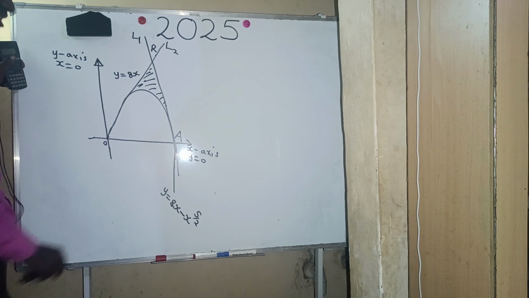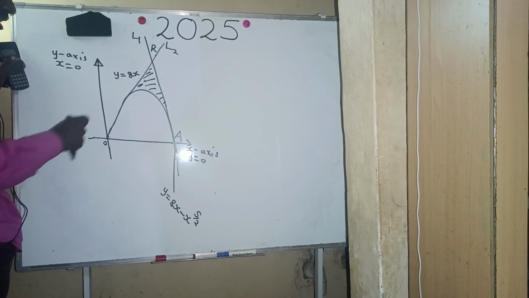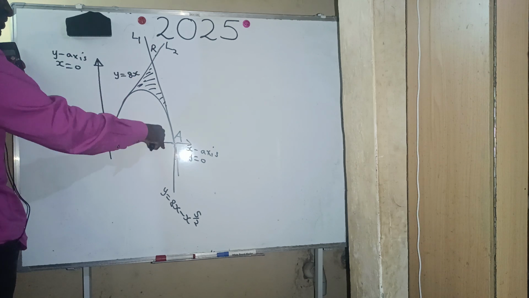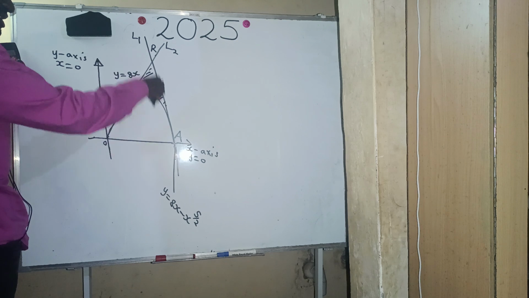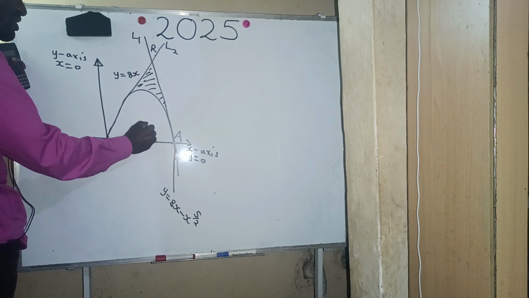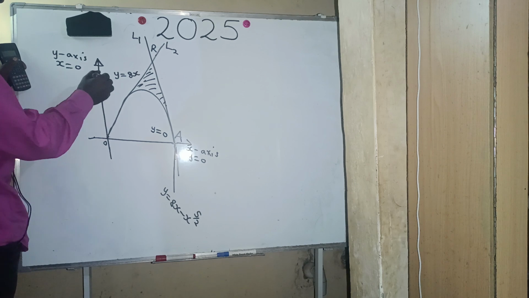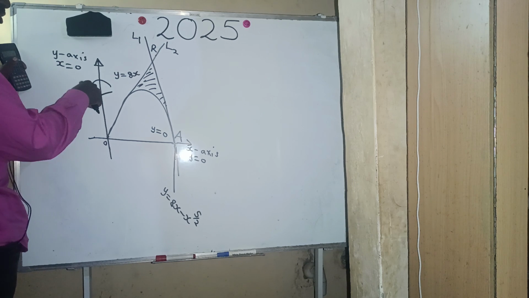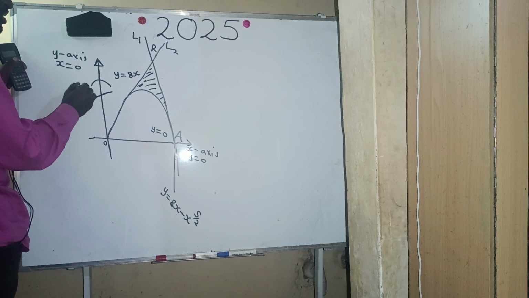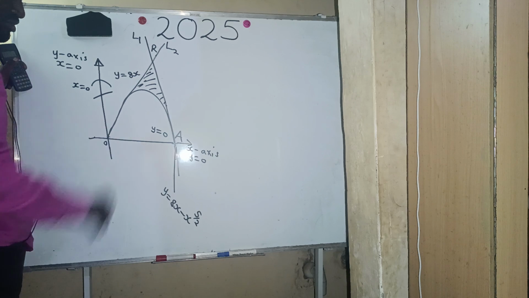And of course, in any case, whether it is a curve or a line, the point at which that curve or line cuts the x-axis, the value of y must be 0. And as well, if a line or a curve cuts the y-axis, at this point the value of x must be 0. That's why we said this line is also called x equals 0, and this one, y equals 0.